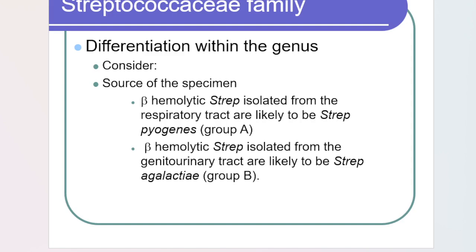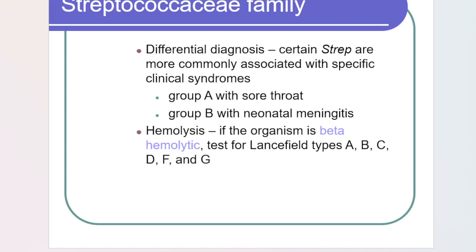Beta hemolytic sa respiratory tract specimens coming from respiratory tract, possible group A, Streptococcus pyogenes. Diba? Yung agent ng scarlet fever. For group B naman, kapag beta hemolytic coming from genitourinary tract, most likely that is the Streptococcus agalactiae.